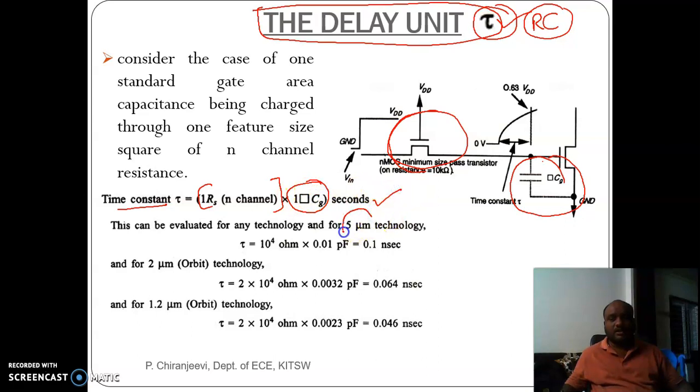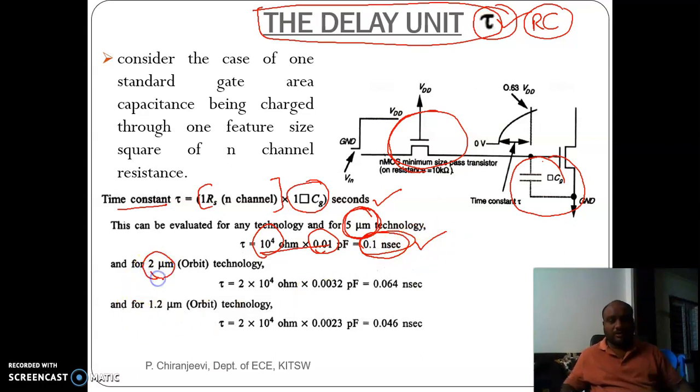Based on the technology, the values change. For a 5 micrometer technology, the sheet resistance is 10 power 4 ohms and the standard unit of capacitance is 0.01 picofarad. The product of these two results in a time constant, or delay unit, of 0.1 nanoseconds.